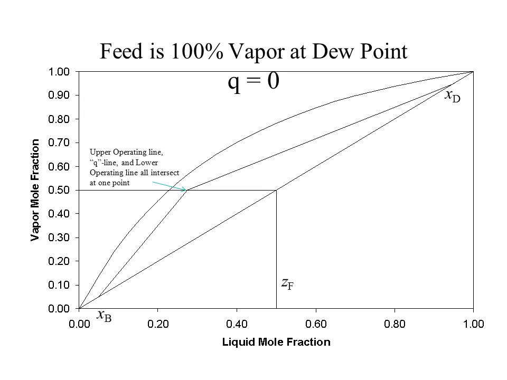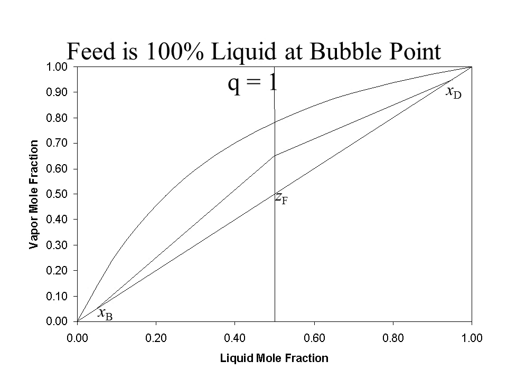Now, note that the upper operating line, the Q line, and the lower operating line must all intersect at that one point designated in the diagram. If our feed is actually a liquid at its bubble point temperature, our Q line is a vertical line running through z sub f. And again, our upper operating line and lower operating line must intersect the Q line at z sub f.